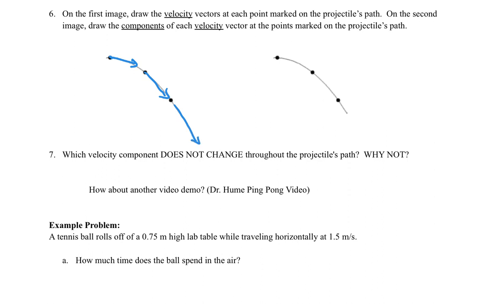Now what you want to notice from each of these is that the velocity vector is getting bigger. So the object's getting faster as it falls. There's nothing new there, nothing earth-shattering. Okay? And it's also changing direction. It started out going mostly horizontal, now it's going mostly vertical. Now we can break this vector into two parts. We can break it into a horizontal part and a vertical part.